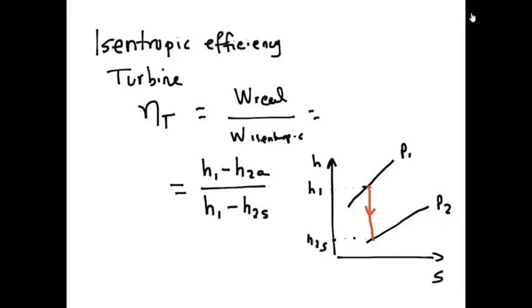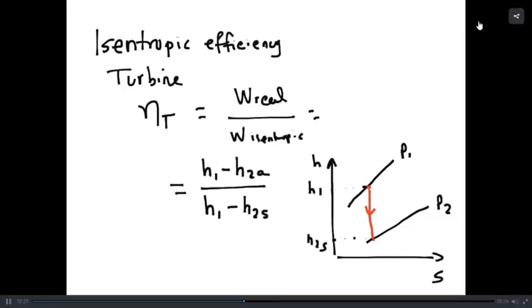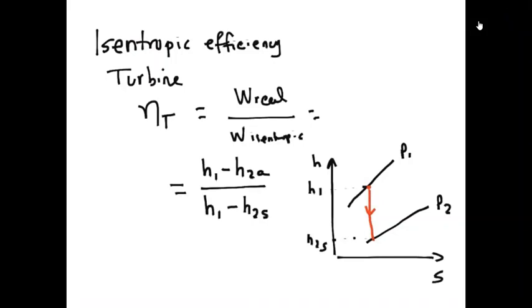But in real life, certain entropy is going to be generated. So since we have to generate some entropy, the actual process has to go somewhere like this in order to get to pressure 2.